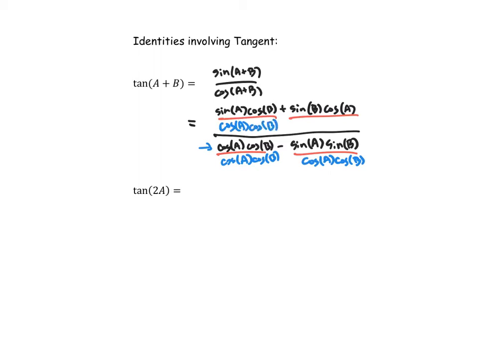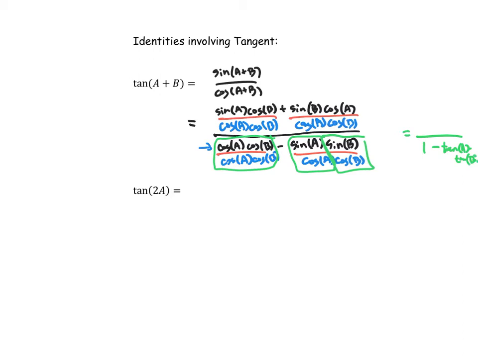Okay, so when they did that, they saw this. Well, that turned this term into 1, which we would expect. It turns this term in the bottom right, you'll see that sine a over cosine a is tan a, and sine b over cosine b is tan b. So this is tan a times tan b.